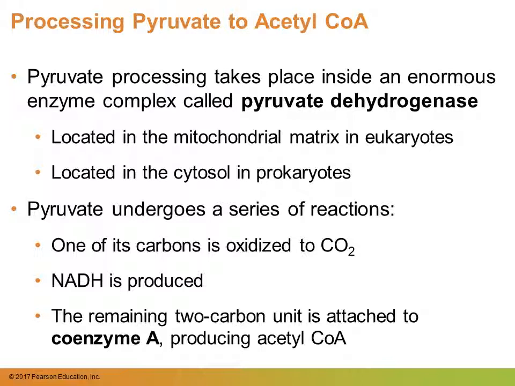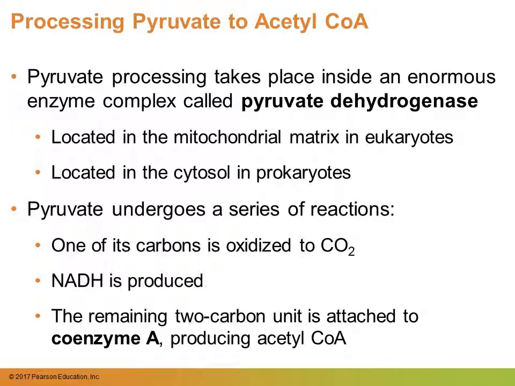It goes through a series of oxidation steps, and one of the carbons is oxidized to CO2. In pyruvate processing, NADH is also produced. In other words, the electron carrier NAD becomes reduced and carries protons and electrons.